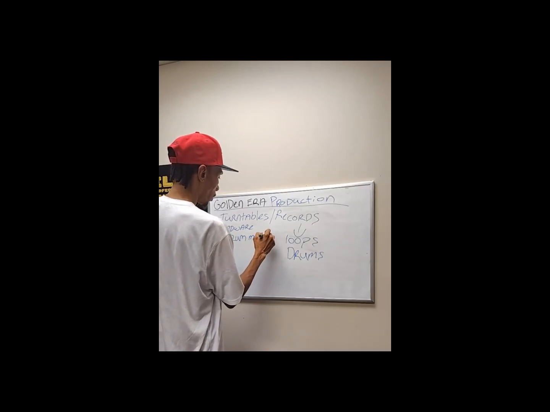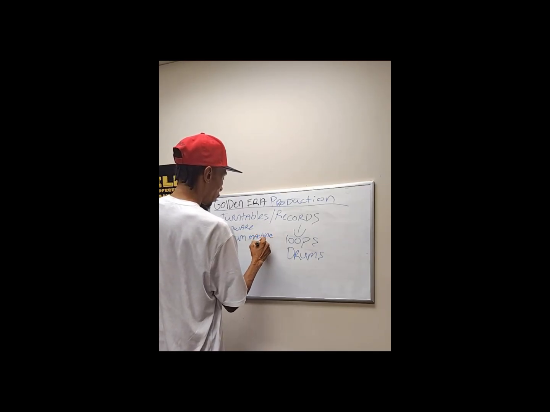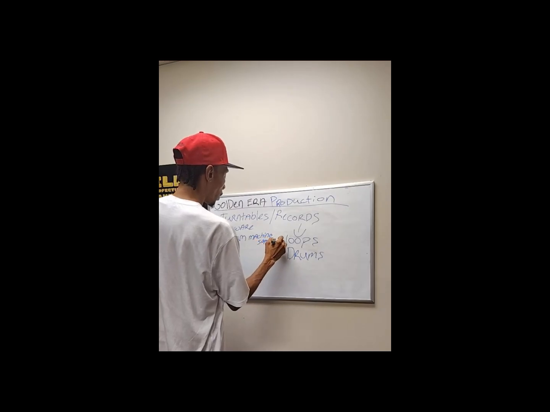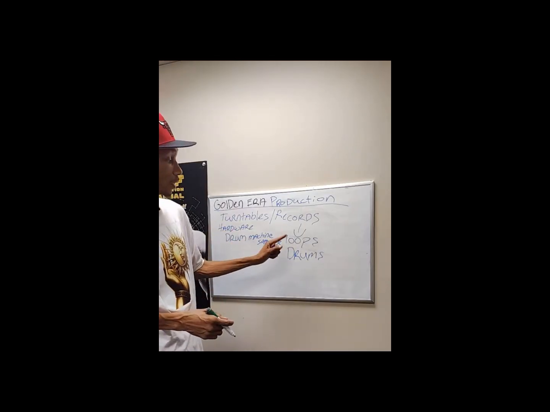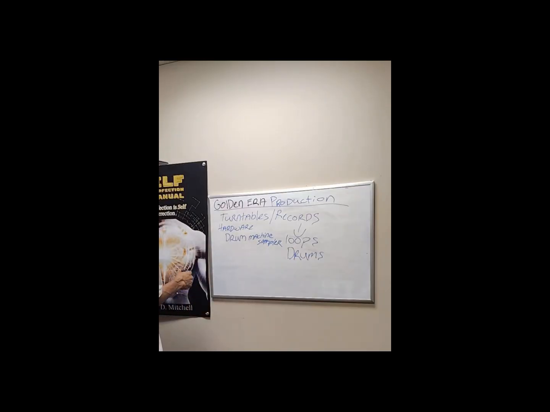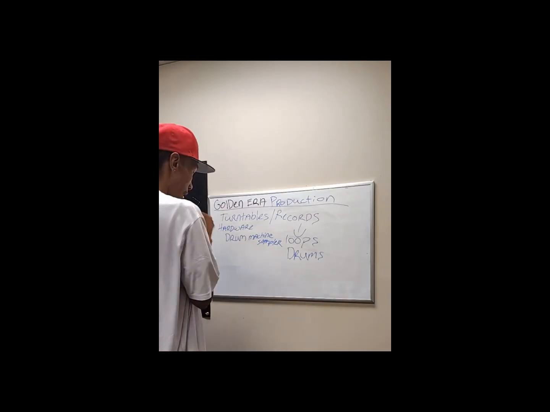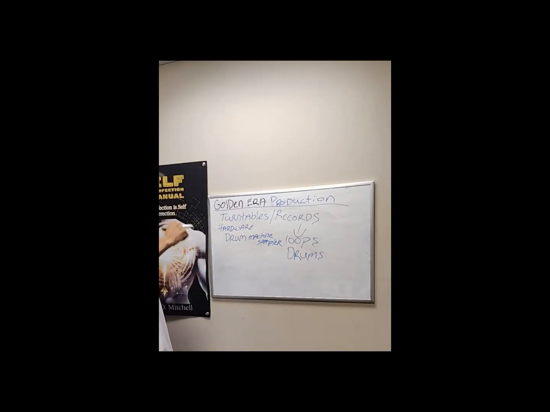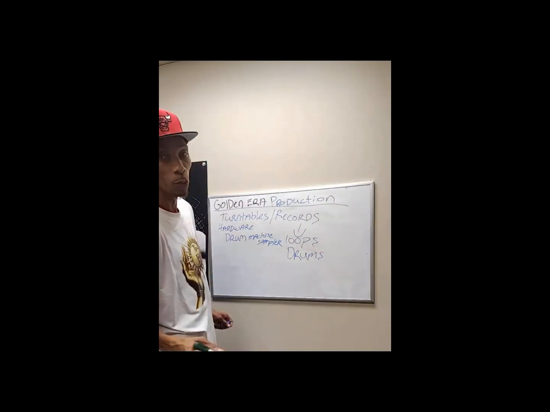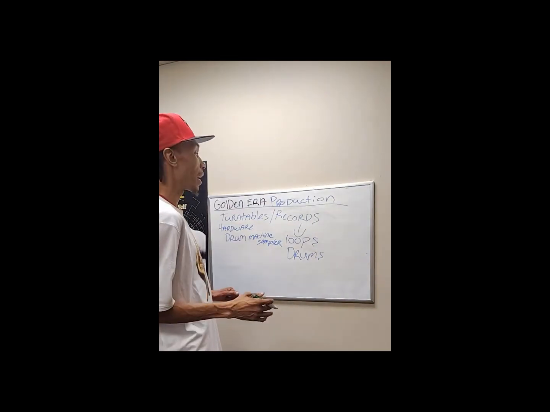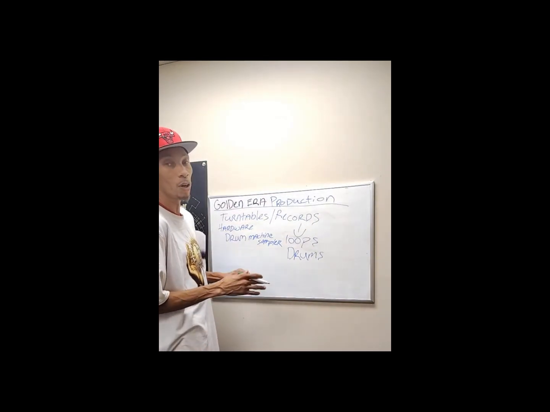So we got the drum machines and the samplers, hardware to make it. That's how we get the loops, the drums. We put that through the drum machine, sample machine. Now, the golden era tools are mainly as follows. It's not limited to these, but mainly how you get the sound of the golden era.